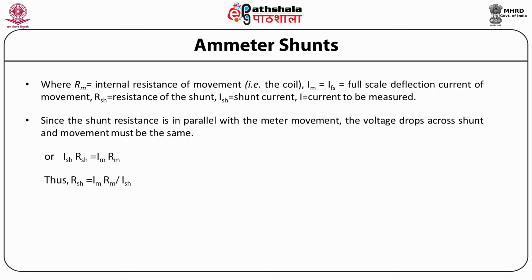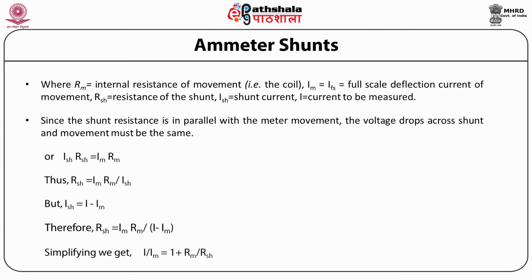Thus, Rsh is equal to Im Rm divided by Ish. But Ish is equal to I minus Im. Therefore, Rsh, that is the resistance of the shunt, is equal to Im multiplied by Rm divided by I minus Im.